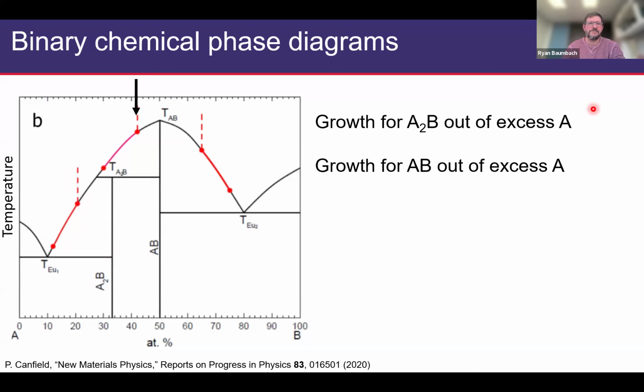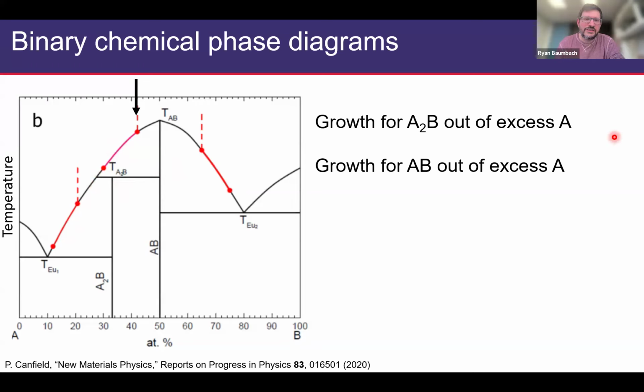Okay. We could do the same thing for AB, right? We see that there's a horizontal line connecting here. Although, if we went too far, if I were doing this experimentally, I'd be wondering if I'd be getting A2B and AB. I'd have to determine that through the process.